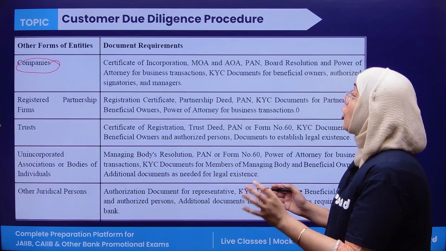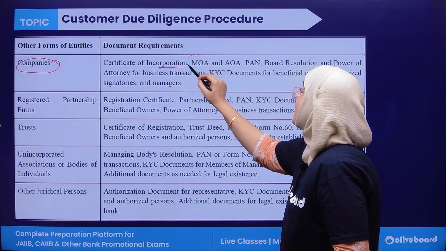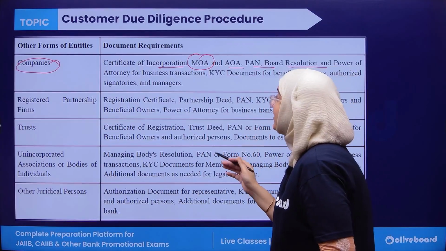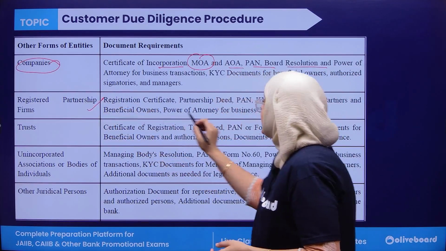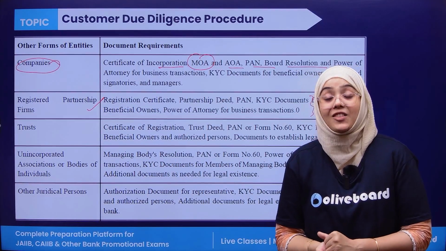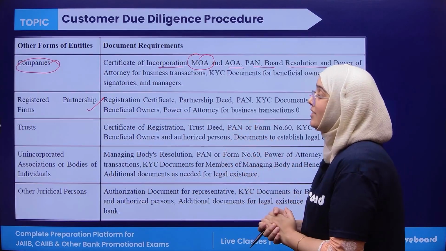Now, what are the documents that are needed? For example, there is a certificate of incorporation, memorandum, AOA, PAN, board resolution, signatories, managers, etc. If you are a registered firm, these are the document requirements which you have to submit with the bank for this customer due diligence program.